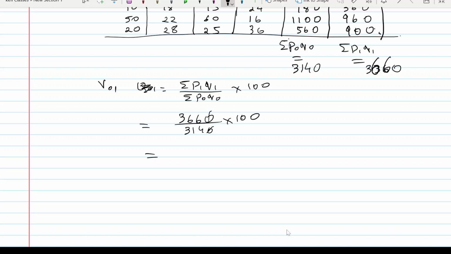Anyone has calculated this? 1.1656 और फिर 256.56, calculator मत use करो. 1.1656 into 100. So that comes to 116.56.